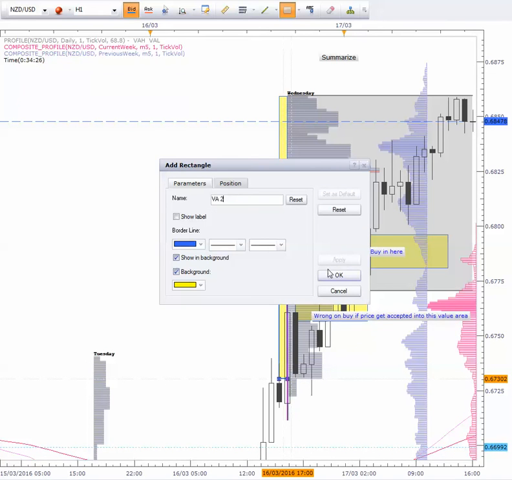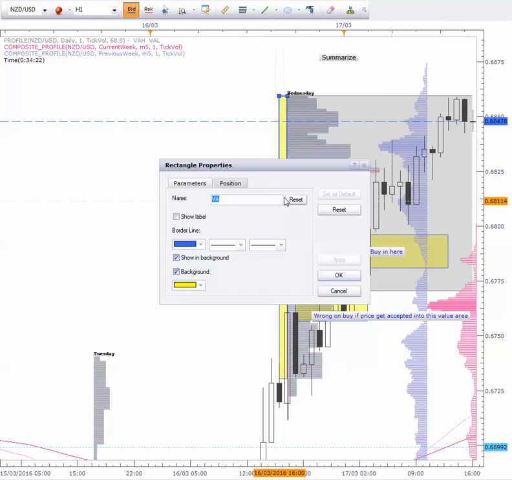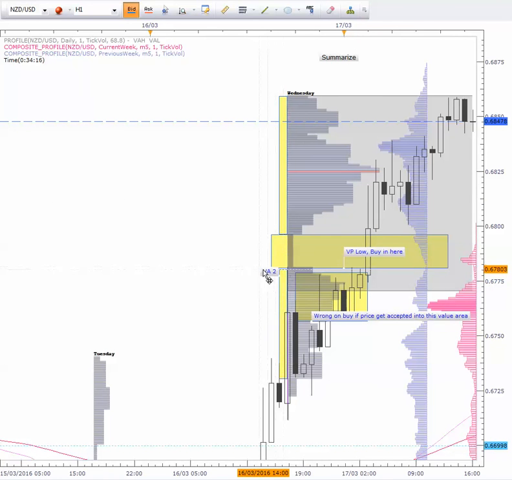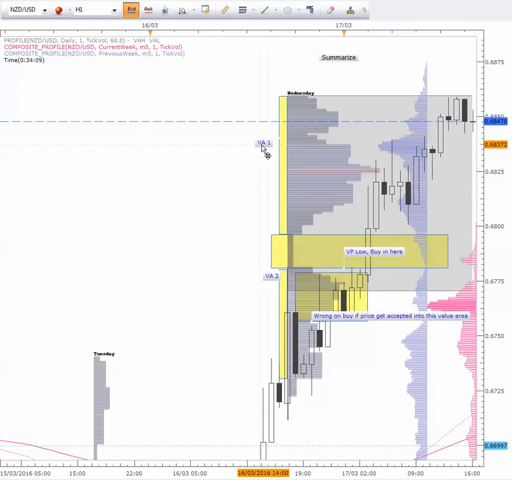It doesn't matter which one is 1 or 2, but that's the value area there. And this is value area 1. The 1 and 2 doesn't mean anything, just a labeling. Price is here on the blue line, and I'm looking for a trade. And I see a volume profile low here, and I say I'm going to wait for price to come into here, and then I'm going to be a buyer.